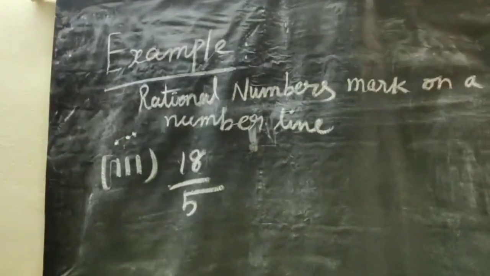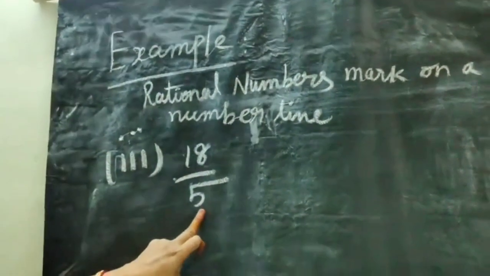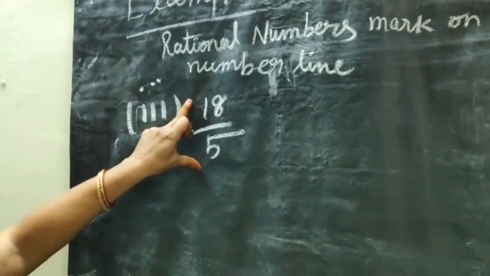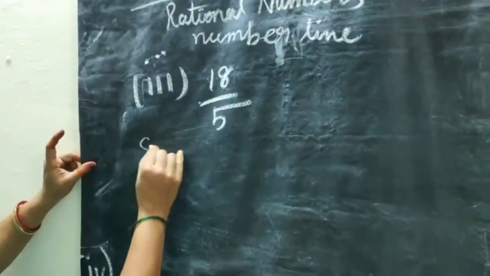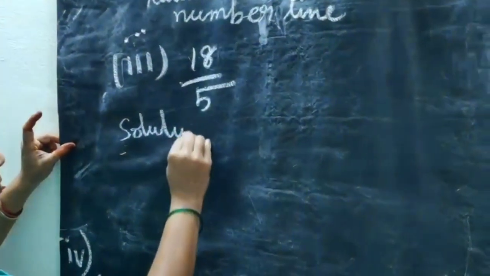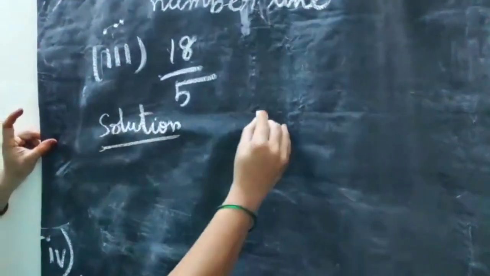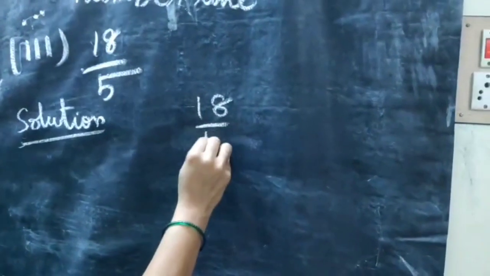Next, mark the fraction 18 by 5 on a number line. This fraction is also a positive rational number. How do we mark it on the number line? Solution. 18 by 5.